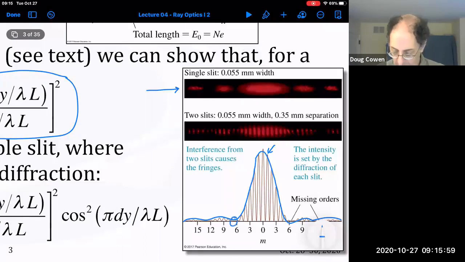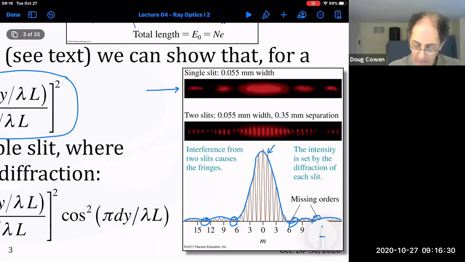And right around m equals 6 or 7 or so, you can see that the diffraction minimum sits right on top of 1 or maybe 2 interference maxima. So you don't see those interference maxima. Those are called missing orders. And there's another missing order over here at 13, and I guess over there as well. Can't see it beneath that little icon.